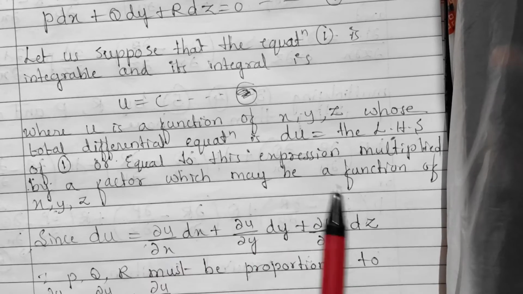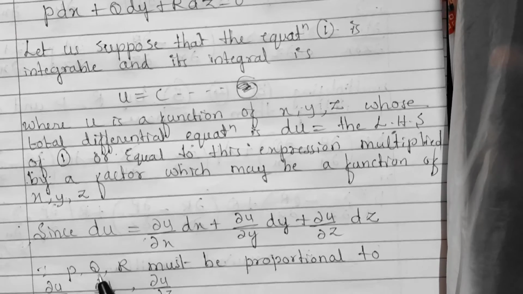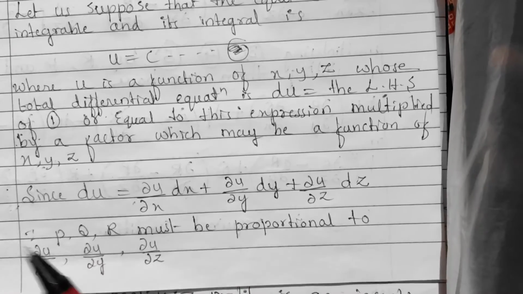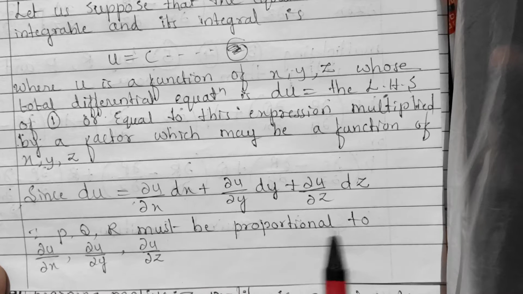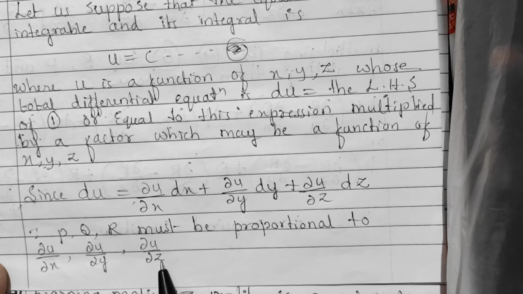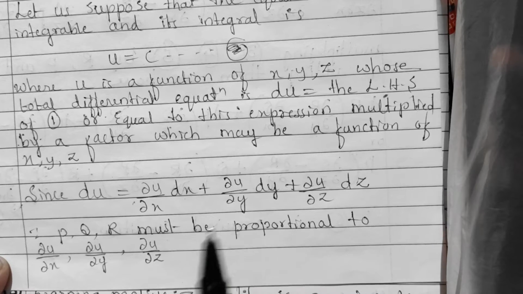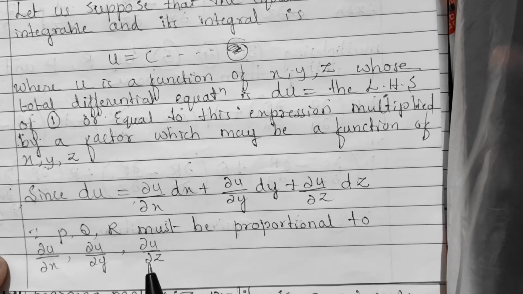Dou u by dou x is nothing but proportional to p, dou u by dou y to q, and dou u by dou z to r, isn't it? This is nothing but the total differential. Therefore p, q, r must be proportional to dou u by dou x, dou u by dou y, dou u by dou z. We know that already.